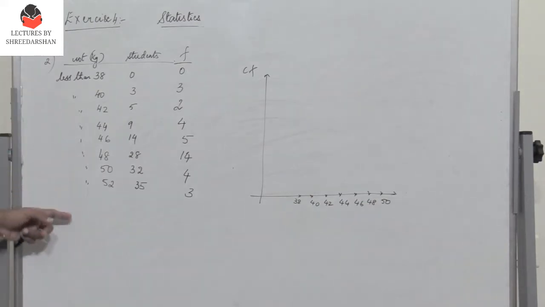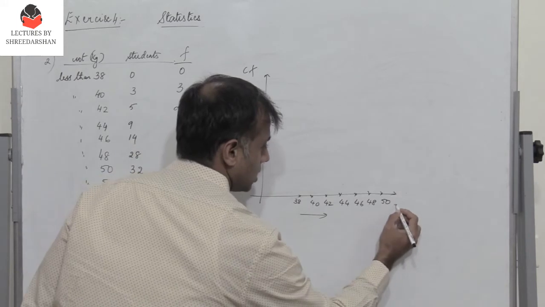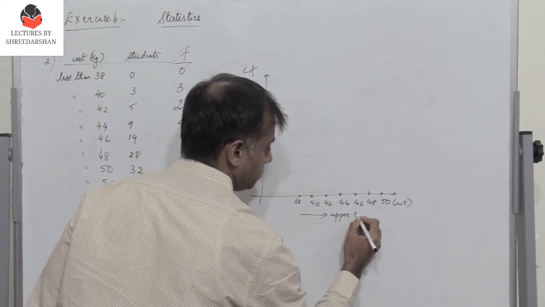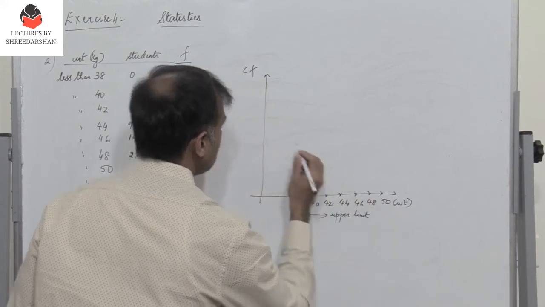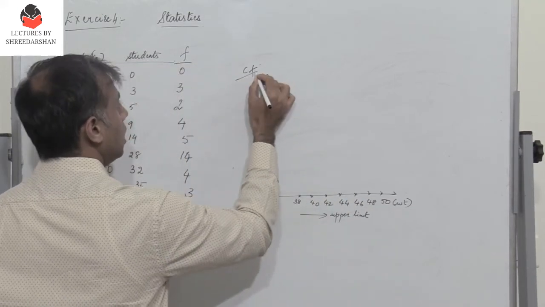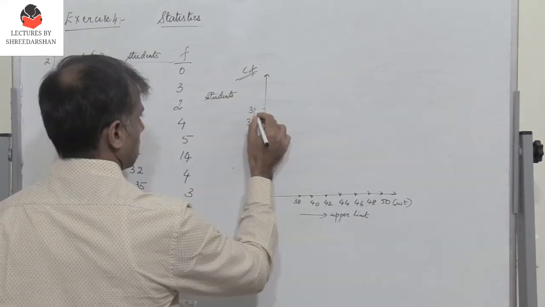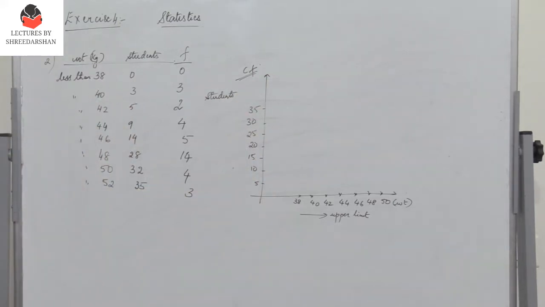So this represents the weight, the upper limit. This is actually the weight, but we are only writing the upper limit. And this happens to be the cumulative frequency of the students here. So I have the distribution along the y-axis.